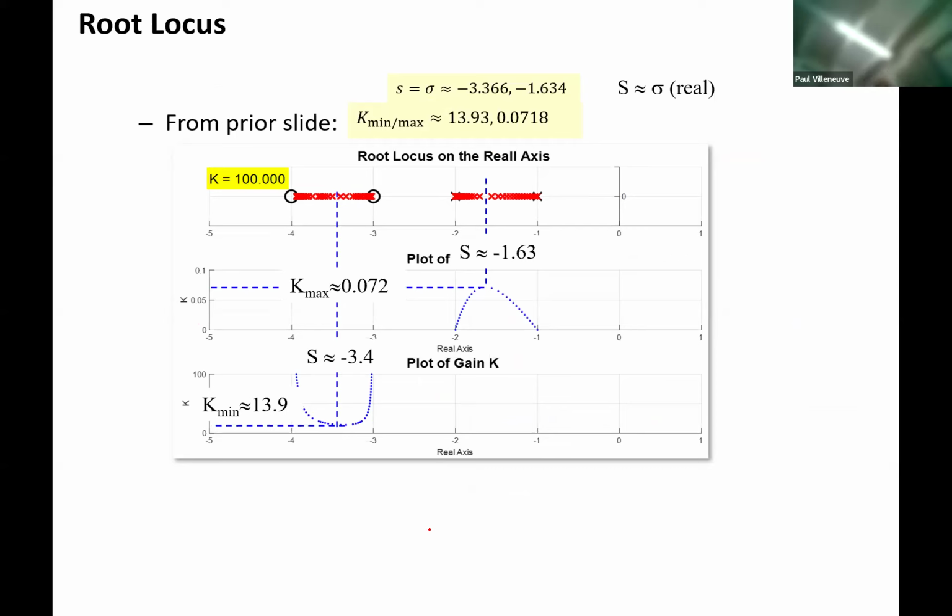So those are our points. We've got this value here, 0.072, 13.9, written a little more accurately. And then we have these values of where they actually leave. So at s equals negative 1.63 and negative 3.4, that's where we break away or break into the j omega axis.